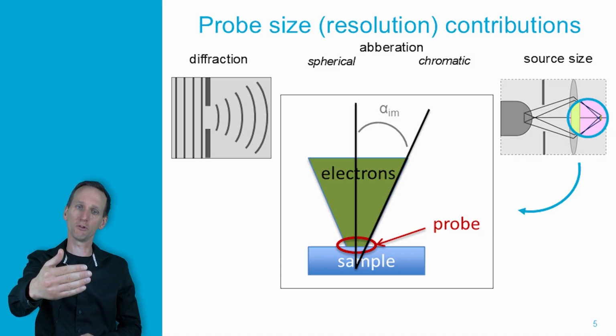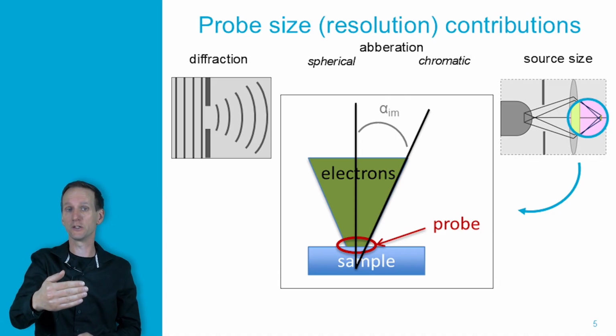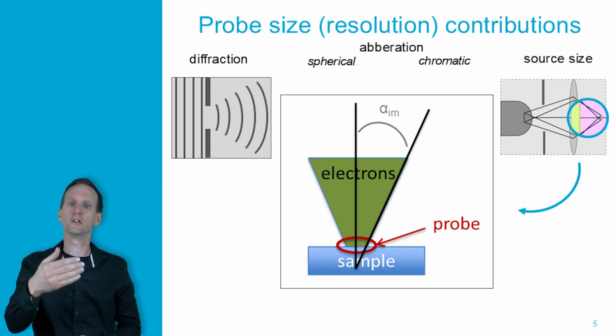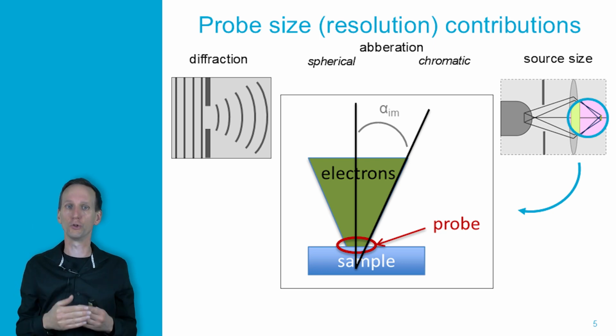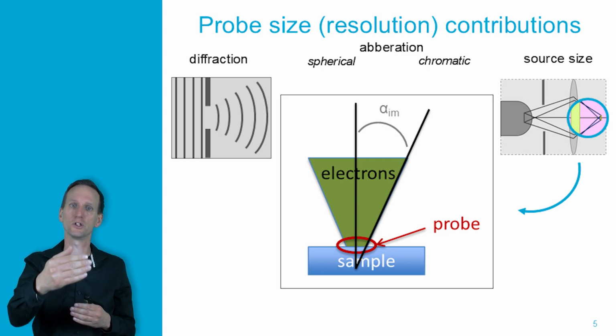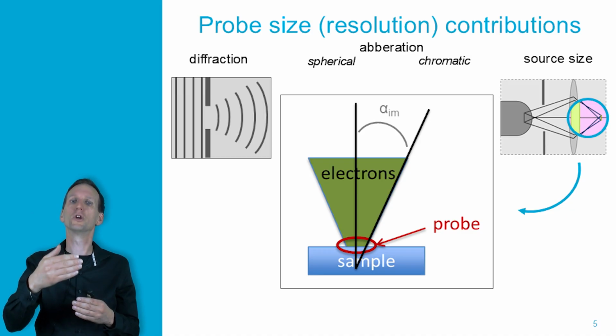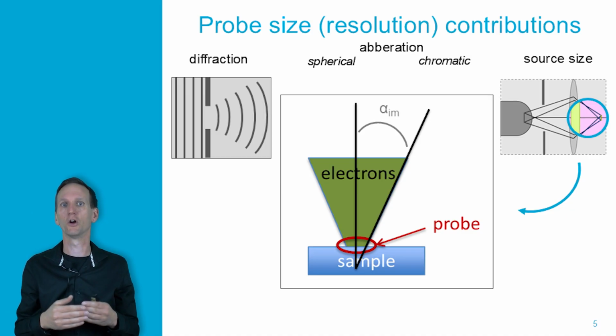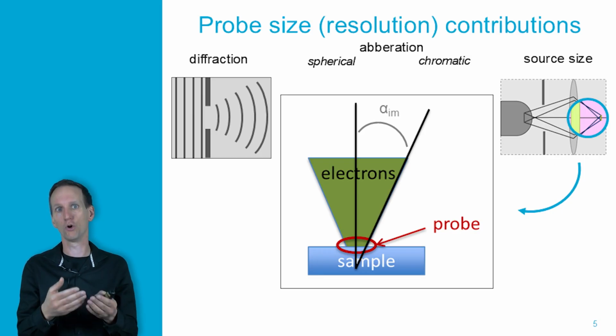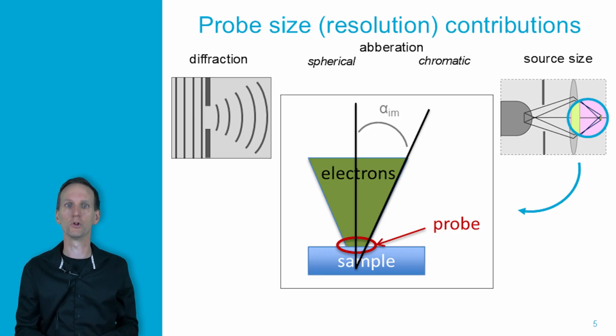Now, what the electron microscope system does, all the lenses, is they demagnify this virtual source size onto the sample, and thus the virtual size of the source, together with the demagnification factor of a microscope, also limits the achievable size of the probe.